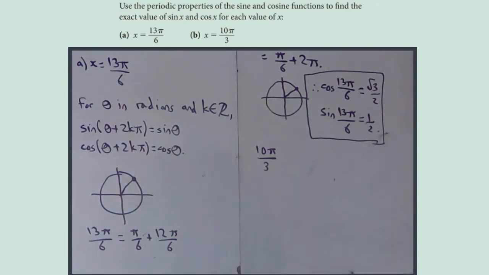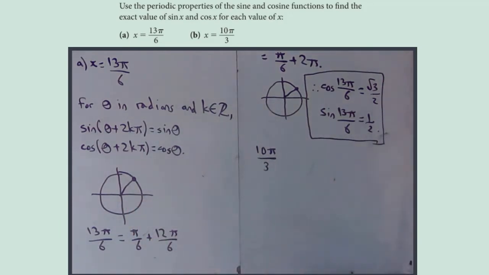The next one after that would have to be 12, so you could use 12 pi by 3 or 6 pi by 3; it's up to you. If we use 6 pi by 3, we would say this is 4 pi by 3 plus 6 pi by 3, and find sine and cos of 4 pi by 3.